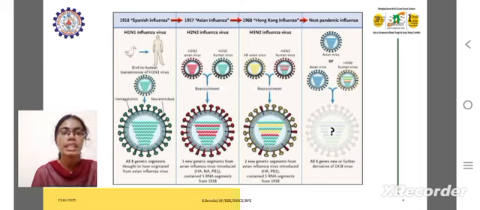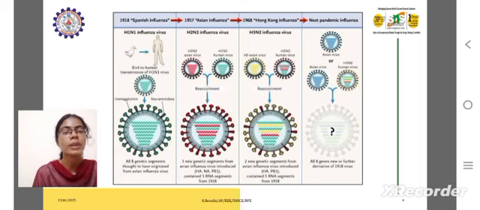All 8 genetic segments are thought to have originated from avian influenza viruses. The second genetic segments from avian influenza viruses introduced HA and PB1, and contained 5 RNA segments from 1918. So this is the evolution of H1N1 viruses.